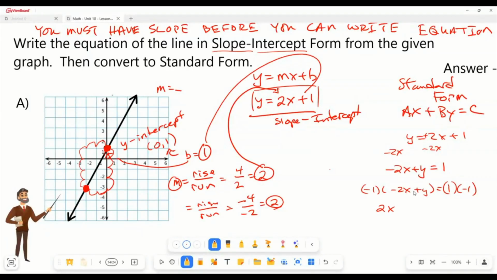Two x minus y equals negative 1. AX plus by equals c. X and y on the same side, no fractions. X term is positive.